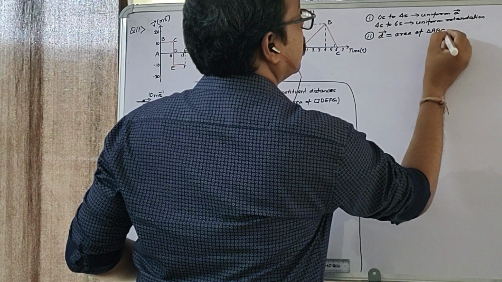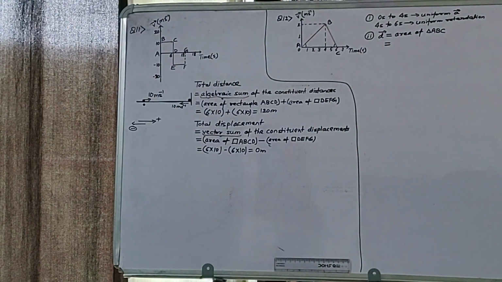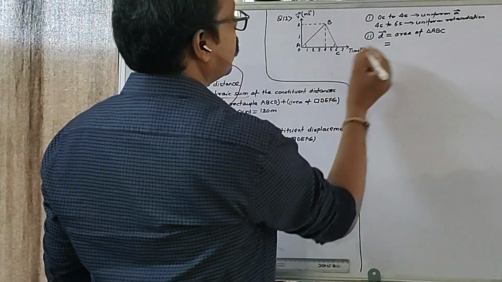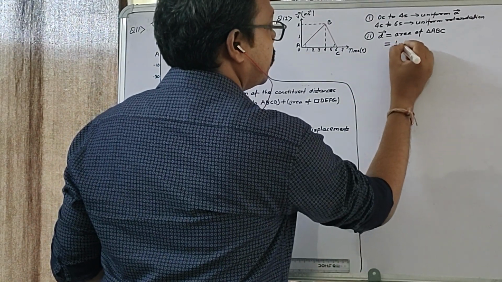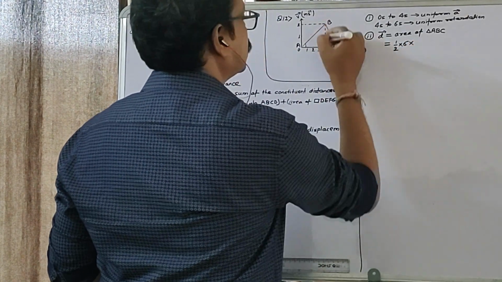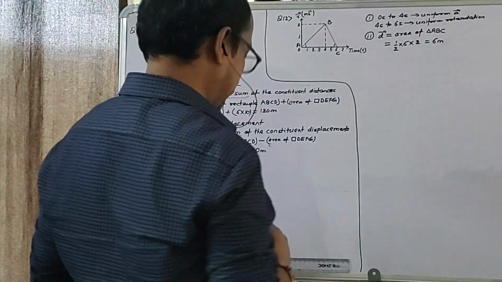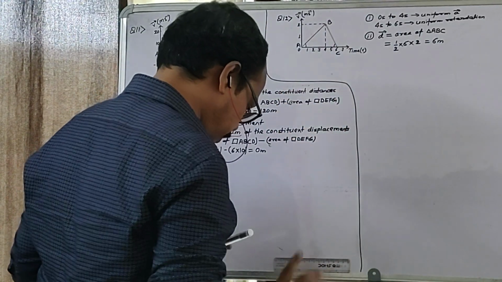Very simple. The area of triangle ABC is half into base into height. The base is 6 and the height is 2, so the 2 cancels out. It comes to 6 meter. 6 meter is the displacement of the particle at t equal to 6 second.